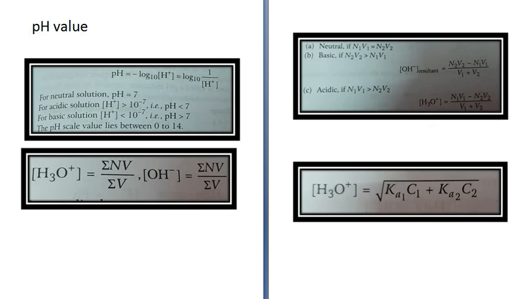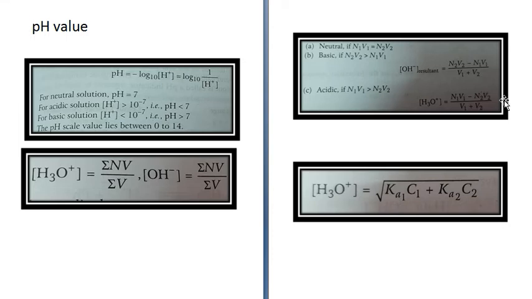Now pH is defined as the negative logarithm of the concentration of H+ expressed in moles per liter. pH is given as minus log to the base 10 of the concentration of H+, which is equal to log to the base 10 of 1 upon the concentration of H+.